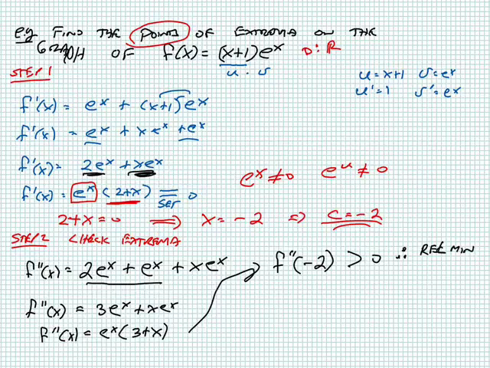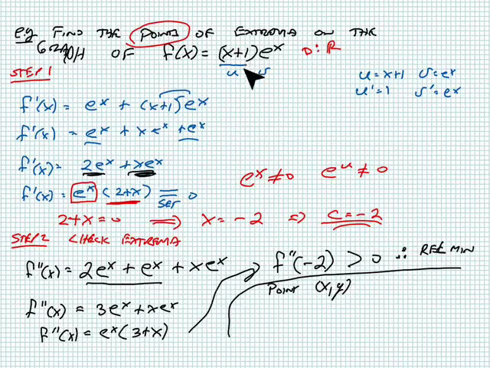And the last thing I need to do is find my points, because that's what's asked for. So in order to find my point, I'm going to plug my critical point, minus 2, into the original function. And so I get f of minus 2 is going to be equal to minus 2 plus 1 times e to the minus 2, which is actually equal to negative e to the minus 2.